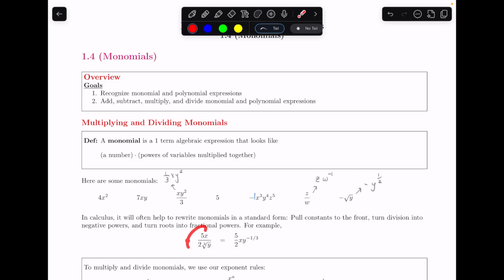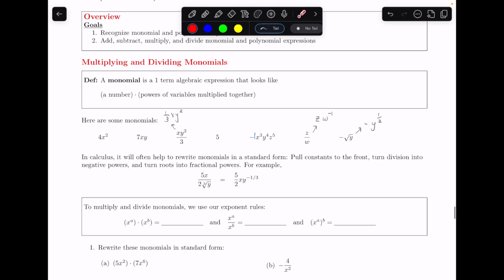So for example, if I have this, I can move the 5 and the 2 that are getting multiplied to the front as a 5/2. And then the cube root of y is y to the 1/3. And when you move it up to the numerator to get rid of the division, it becomes y to the -1/3. And now this has standard form: the number in front multiplied by all the variables to powers.